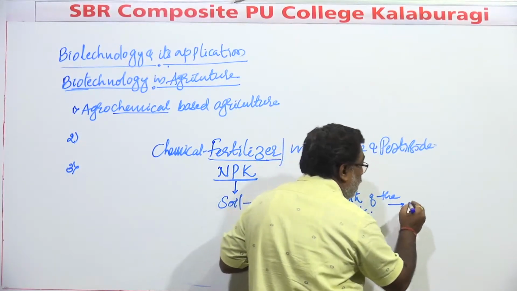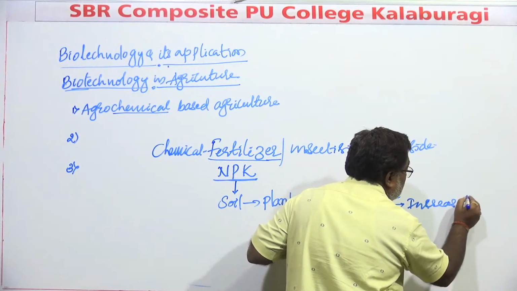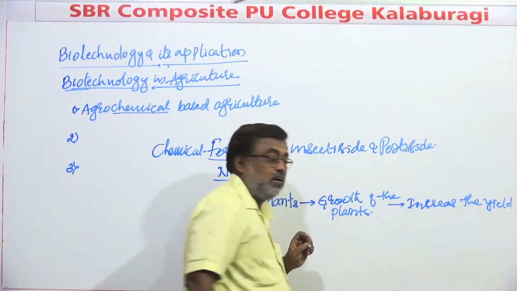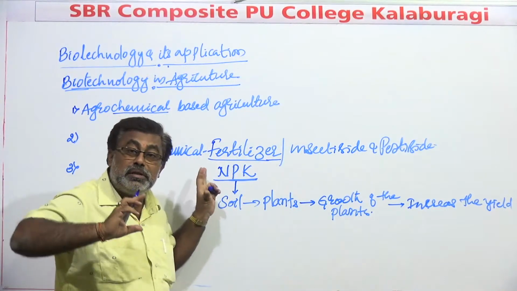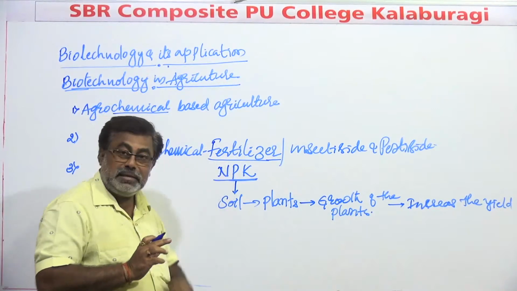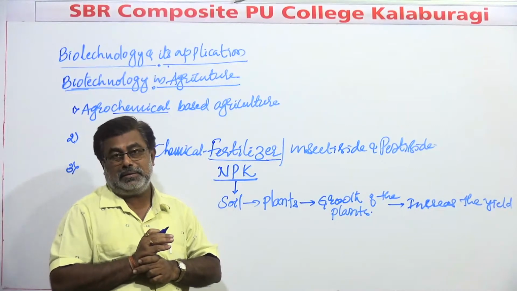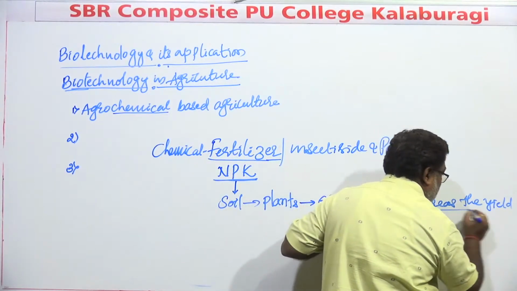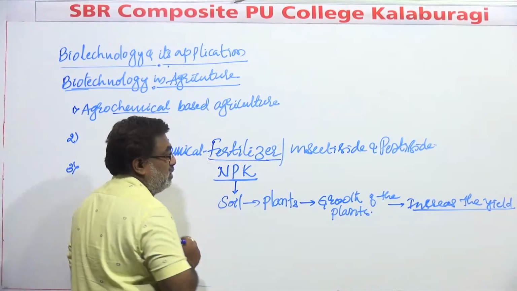The plant will increase the yield. The yield of the plant will be increased by using the chemical fertilizers. This is one factor of using the fertilizers.